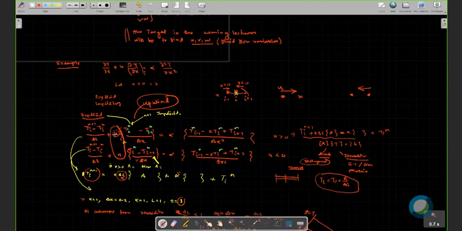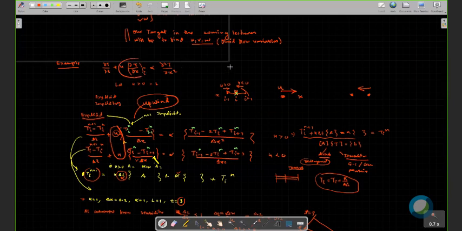Based on the sign of this, you have to take the forward difference or backward difference. Now here you cannot take central difference. Central difference has a problem, right? What was the problem in central difference?